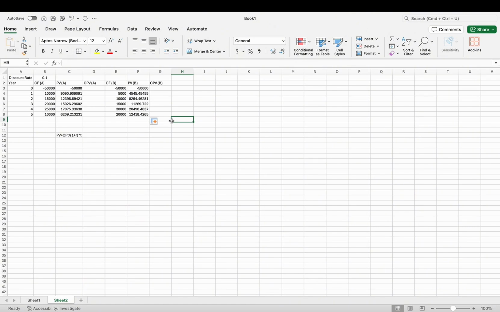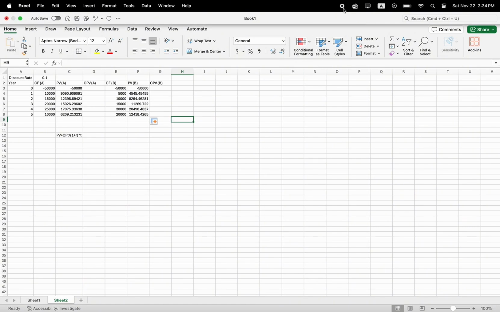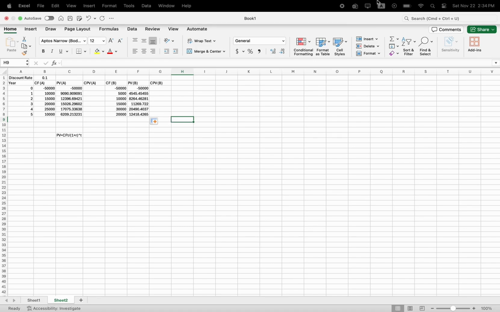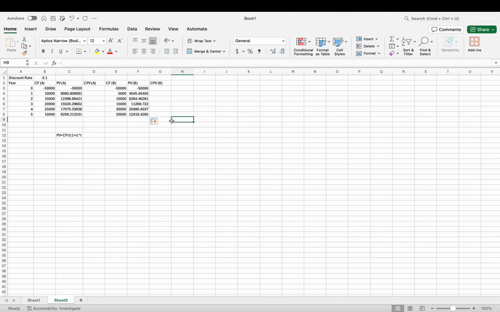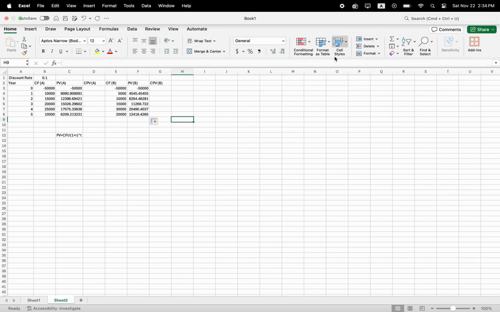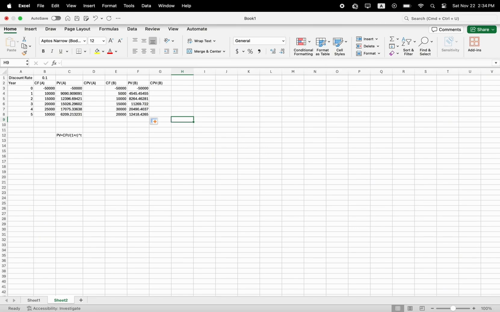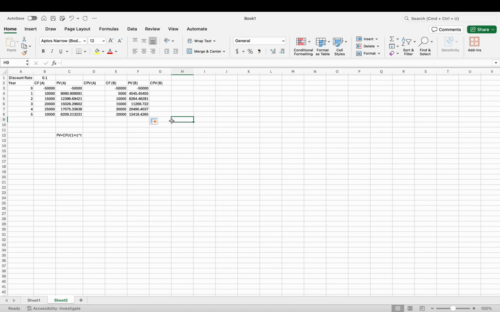So for example, the $10,000 in year 1 for project A becomes about $9,091 in present value. The $30,000 in year 4 for project B becomes almost $20,490 after discounting.